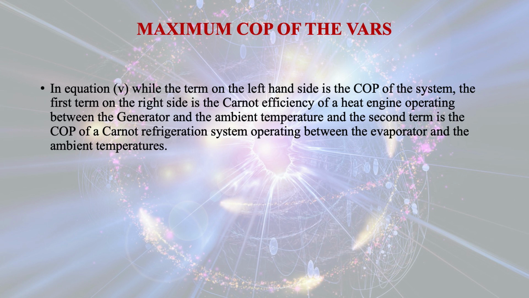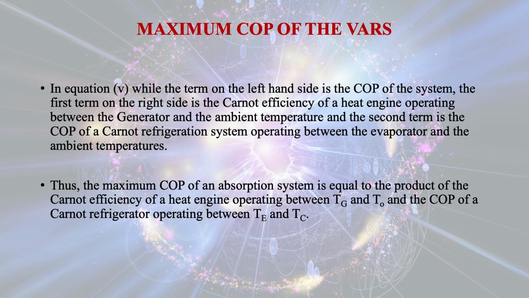In equation 5, while the term on the left side is the COP of the system, the first term on the right hand side is the Carnot efficiency of a heat engine operating between the generator and the ambient temperature, and the second term is the COP of a Carnot refrigeration system operating between the evaporator and the ambient temperature.